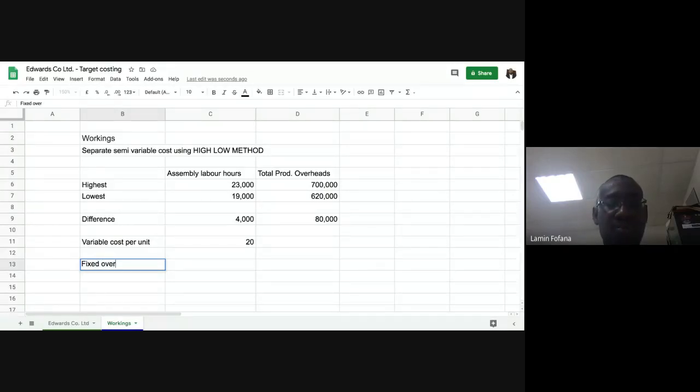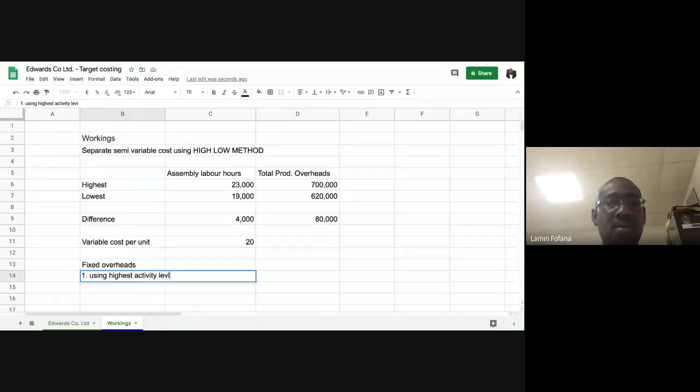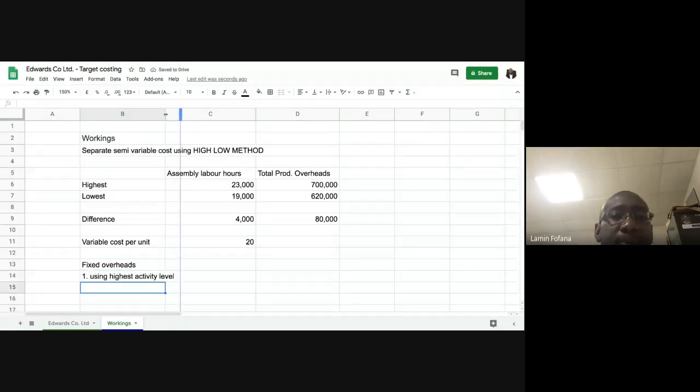Fixed overhead. Okay. So we'll say 1, using highest activity level. So it should be the same, but let's do it for both, and then we try to appreciate how.